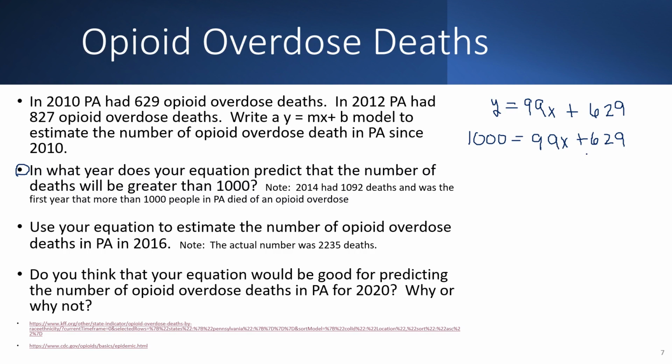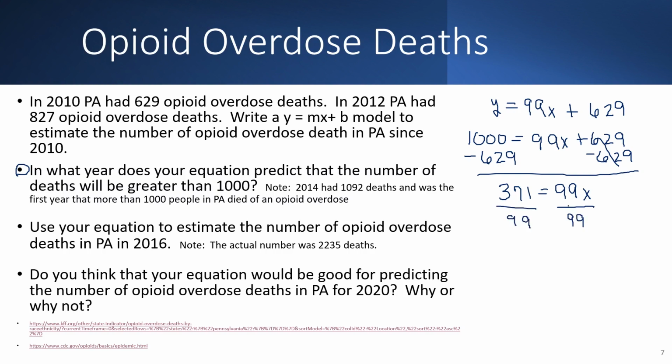So the first step of algebra is to subtract 629 from both sides of my equation. And that gives me 371 is equal to 99x. My second step of algebra is to get x alone, and so I want to divide by 99 because I always want to do the opposite on both sides.